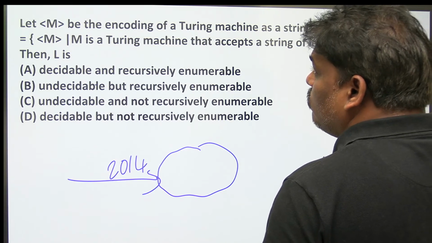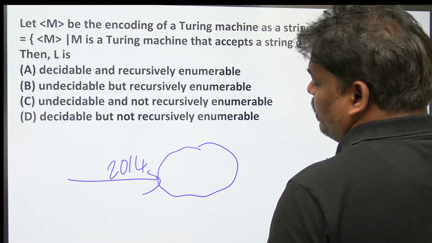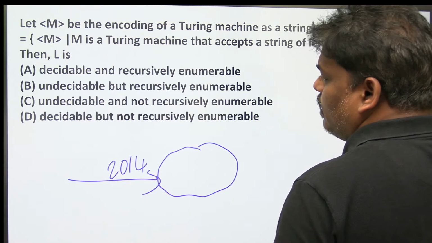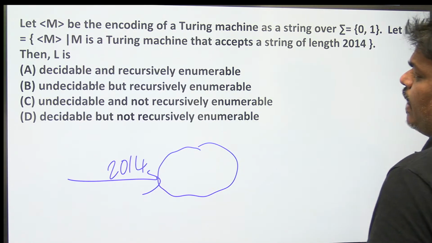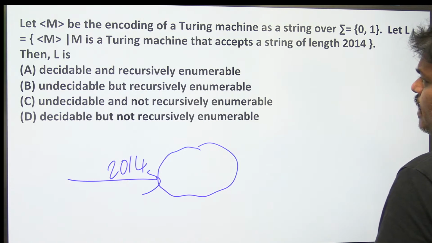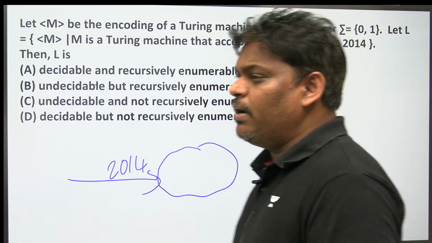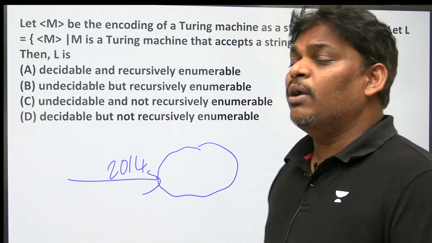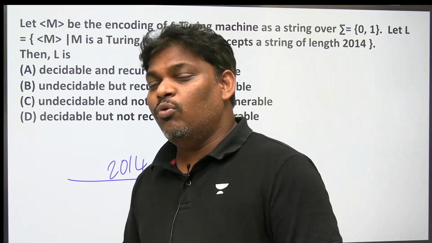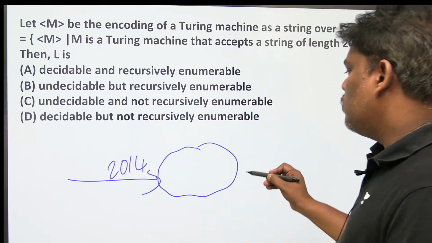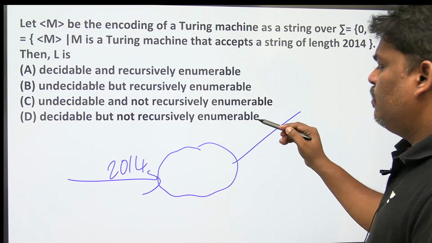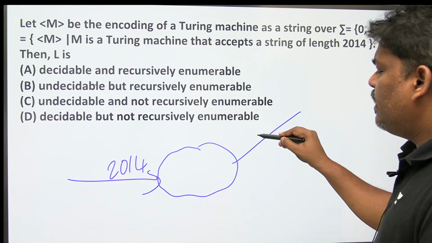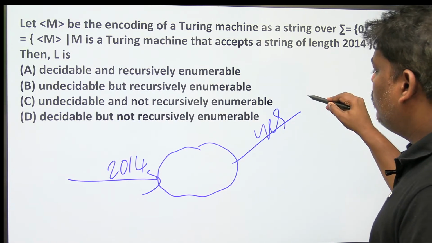If you give more than 2014, or less than 2014, it is invalid. Invalid means, in the case of a Turing machine, it may go to halt final, it may go to halt non-final, it may also hang. So for 2014 there is clarity: if you give 2014, it will say yes, meaning halt final.